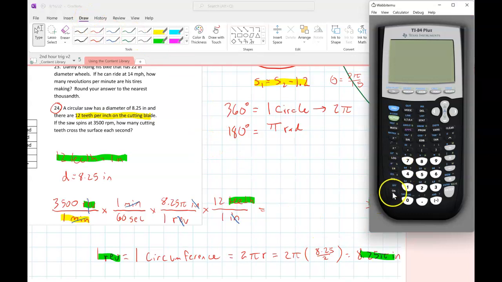All I need to do now is type this into my calculator. I'm going to use the fraction command on this so I don't have to worry about my parentheses. And I know when I multiply fractions, I just multiply straight across. And I don't have to worry about the ones, because the ones when I multiply don't do anything.